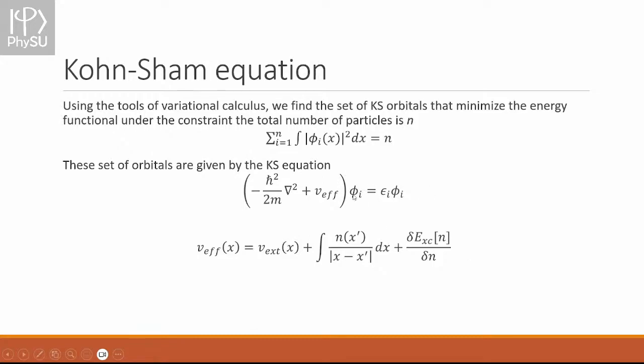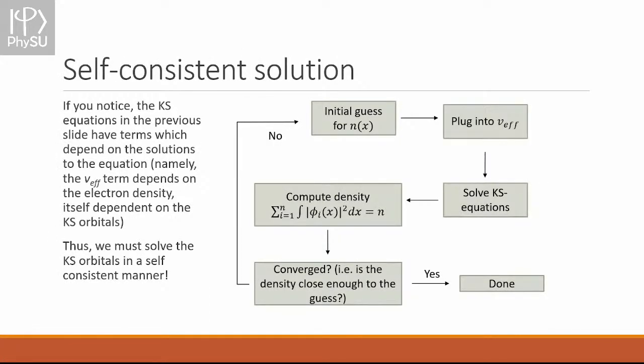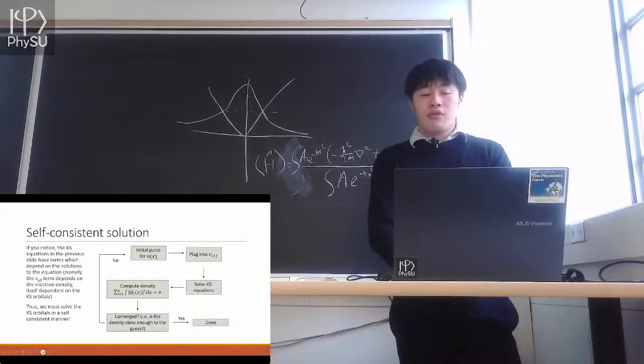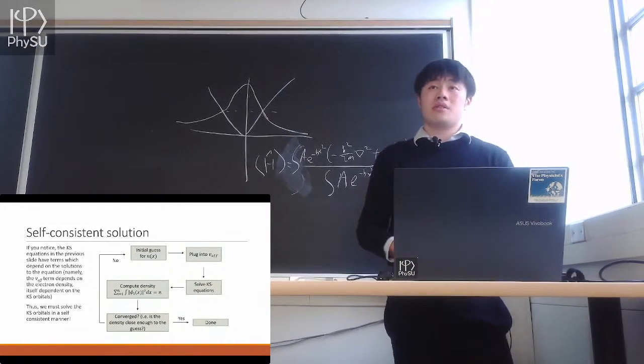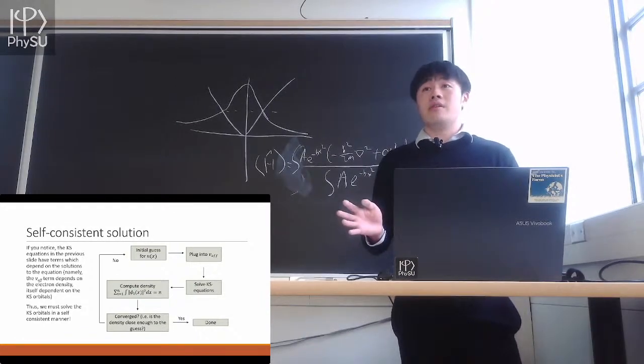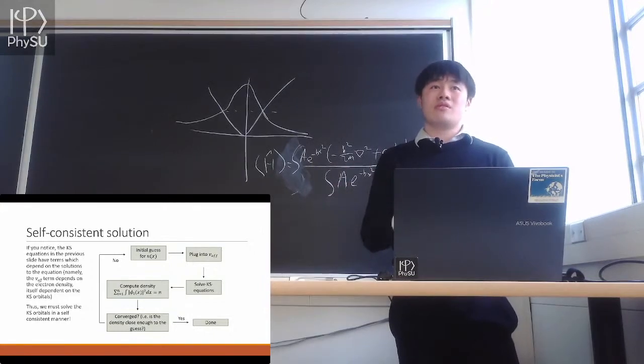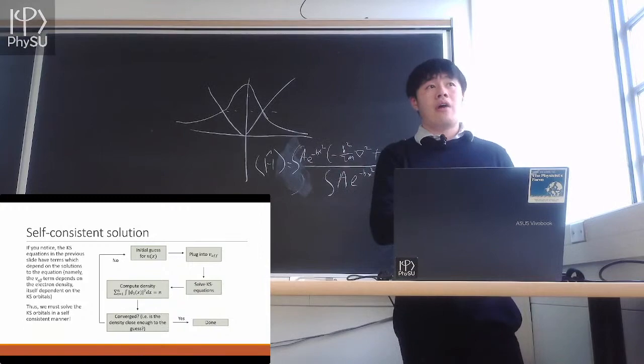And so there's no really nice way to just solve an equation like that. So what's done in practice is you try to arrive at a self-consistent solution. The way this is done is you first give an initial guess for the ground state density, and how this initial guess is made will depend on the particular DFT package that you use.